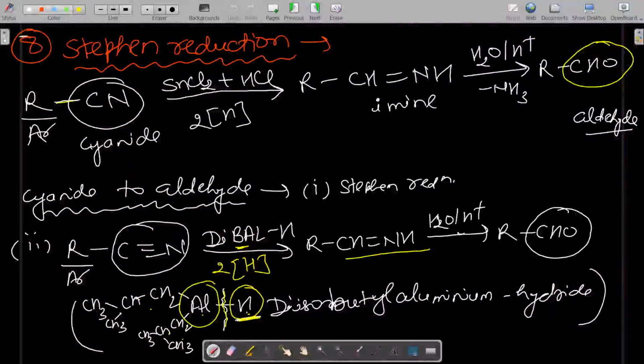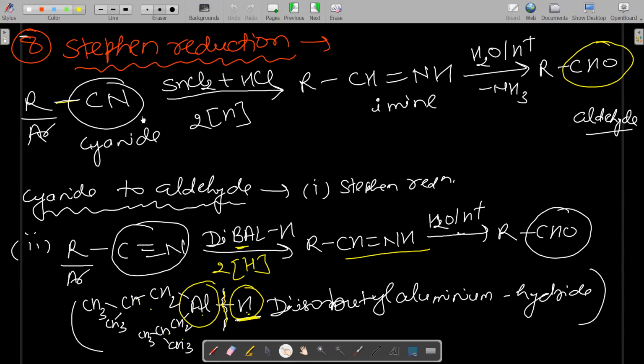What is this? In this method, what we see, cyanide is reduced with SnCl2 and HCl to form aldehyde. So Stephen reduction is the reduction of cyanide to aldehyde in presence of SnCl2 and HCl, which acts as a reducing agent, as SnCl2 reacts with HCl to release nascent hydrogen, forming SnCl4 and H2.